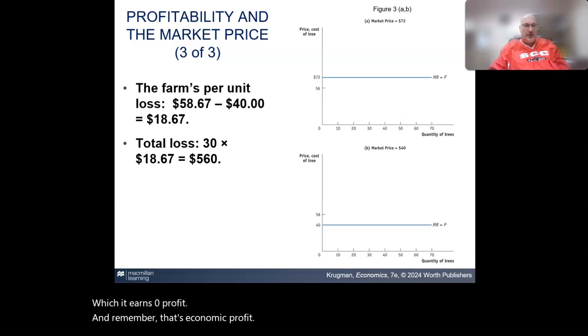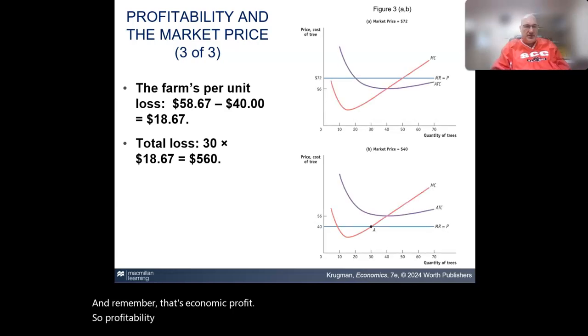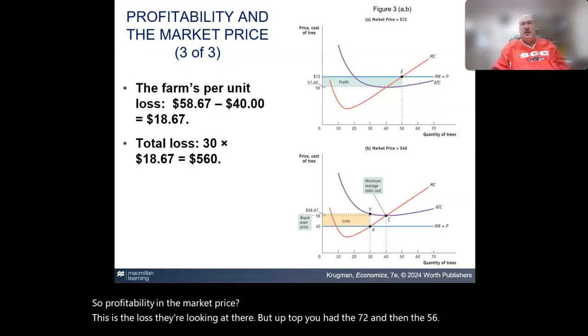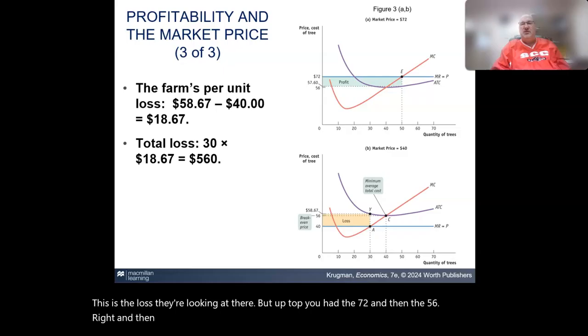So profitability in the market price. This is the loss that we're looking at there, but up top, you had the 72 and then the 56, right? And then times the 50 units.